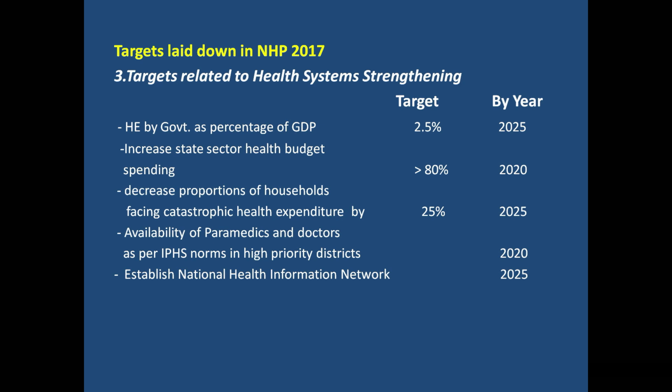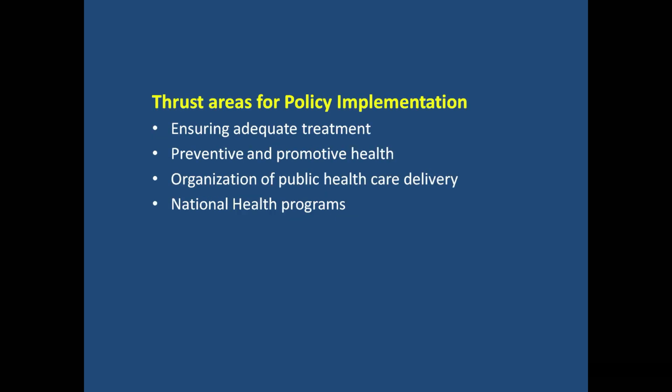Then, if you look at the thrust areas for policy implementation, primarily it's ensuring adequate treatment by means of expenditure on health. Then preventing and promoting health, which will take care of many aspects like sanitation campaigns, health promotion activities, reducing tobacco use, and other things.